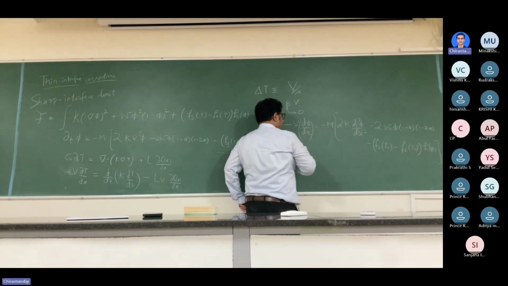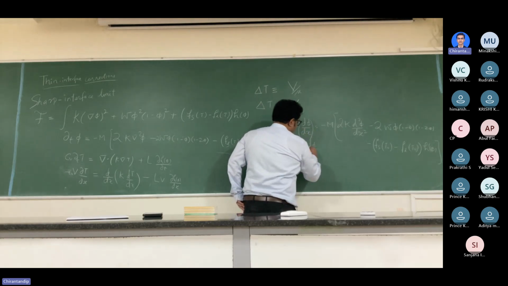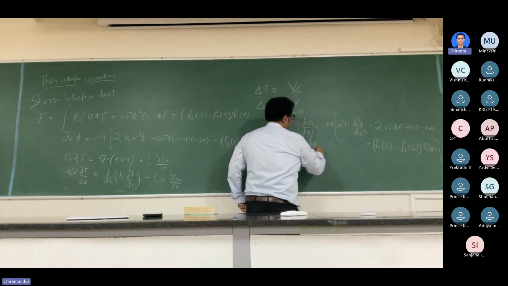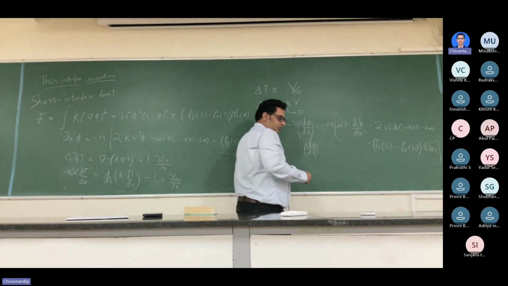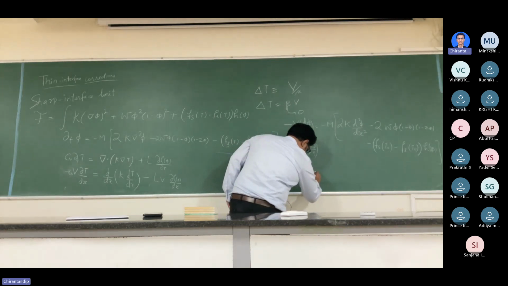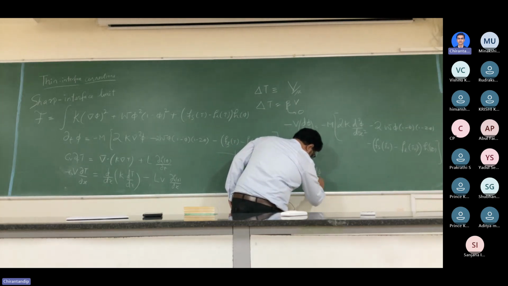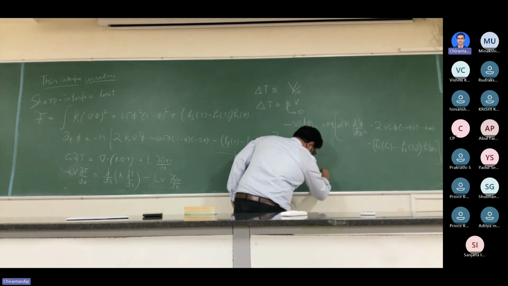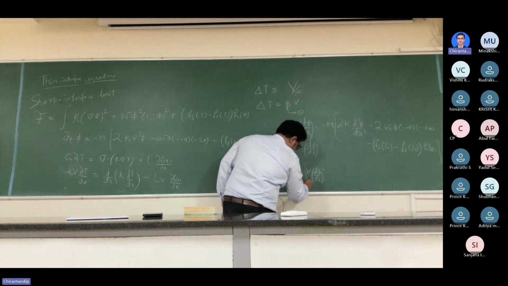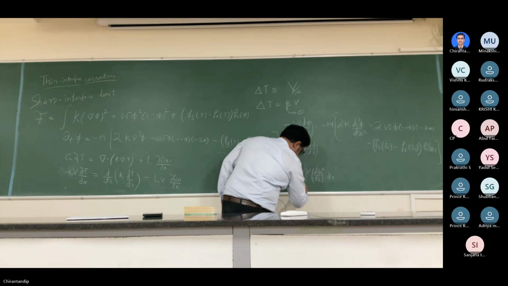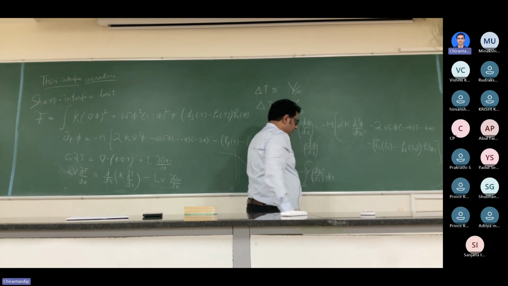That means when I multiply this with the original equilibrium profile, I can square this. I can do this.